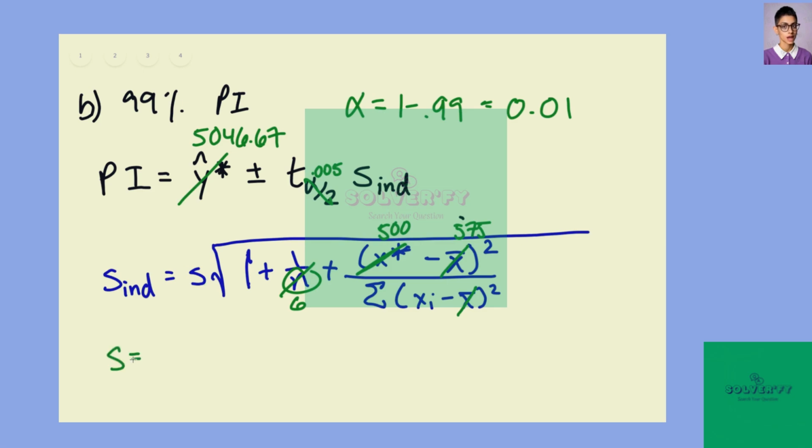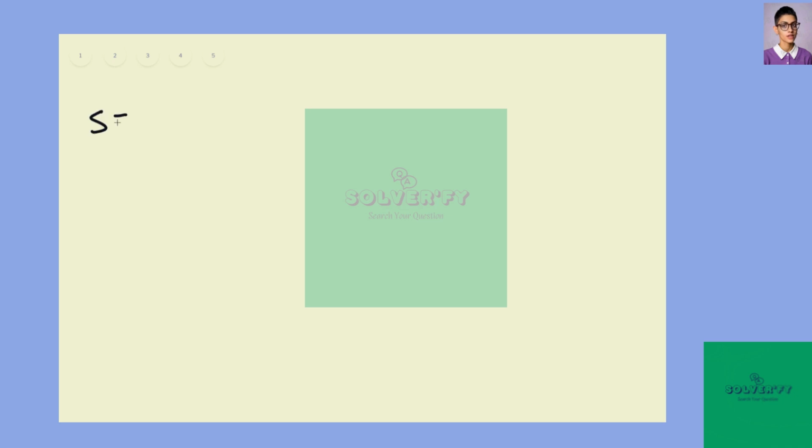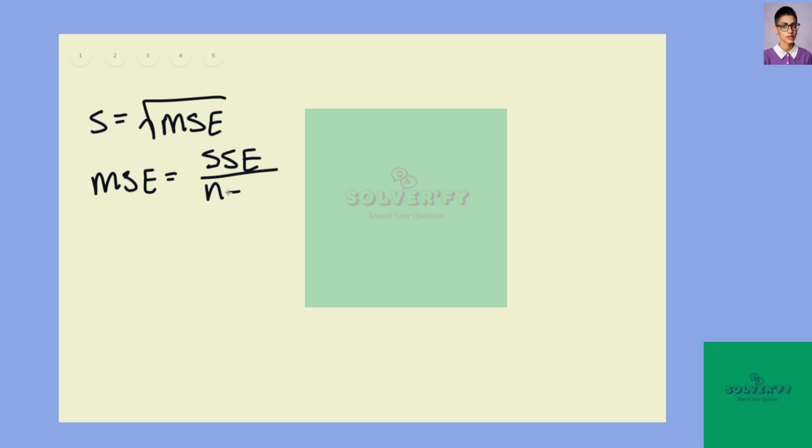The standard deviation is equal to the square root of the mean square due to error. I'll do this on a different page. The mean square due to error is equal to the sum of squares due to error over the number of elements minus 2, and the sum of squares due to error is the sum of each individual y value minus the predicted y value at that point, squared.